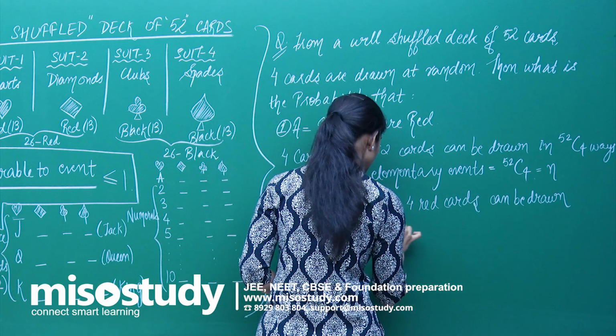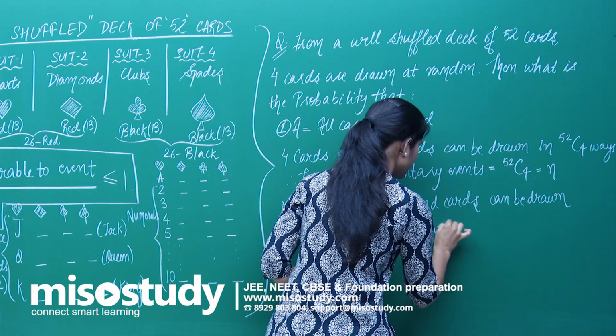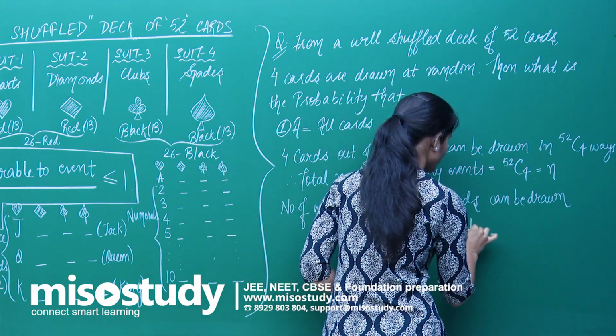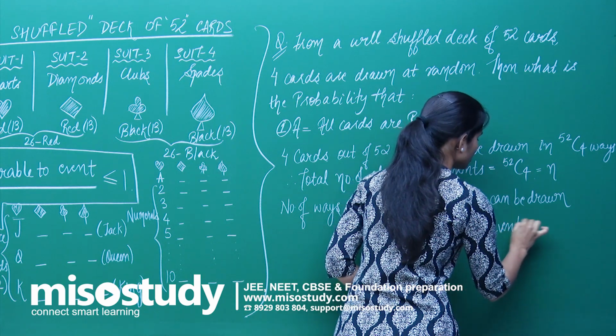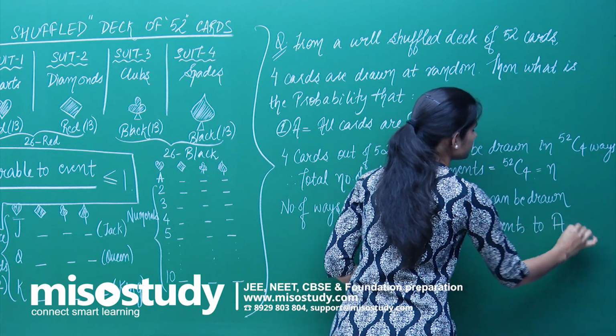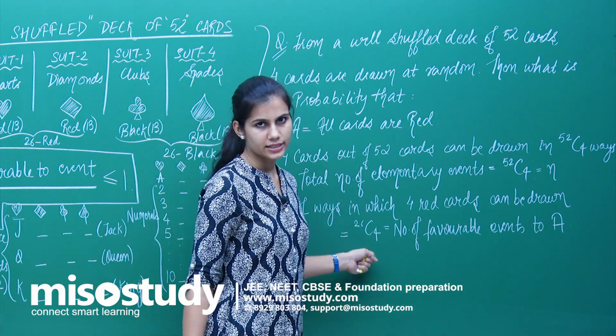The number of favorable elementary events to A is 26C4.